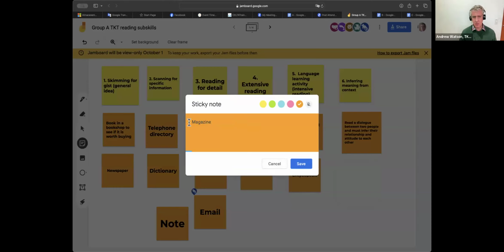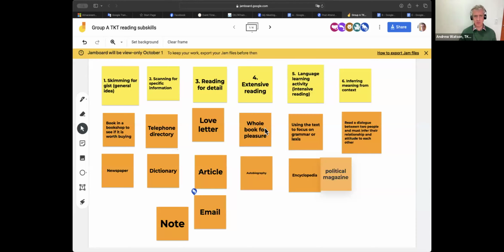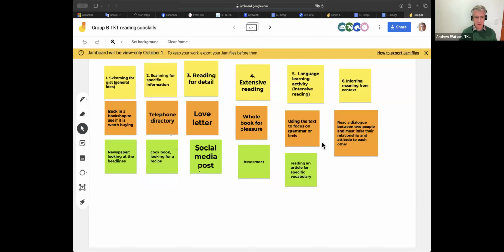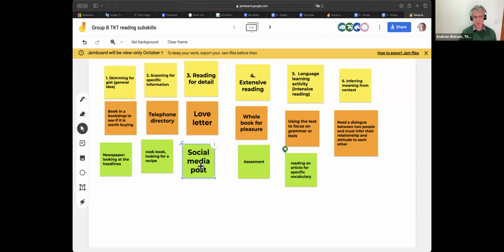It could be a political magazine, and we're interested in the writers of the articles' political stance. That's often to do with inferring. Can be a more advanced reading skill. Inferring. Yeah, headlines. Cookbook looking for a recipe. Yes, definitely. Social media post for detail.